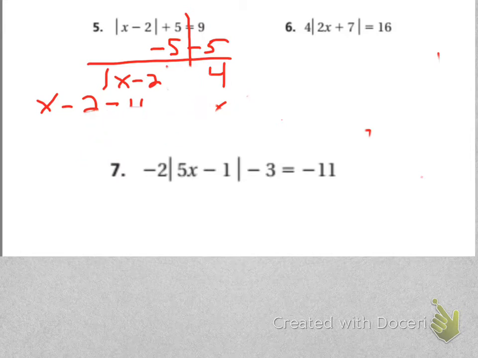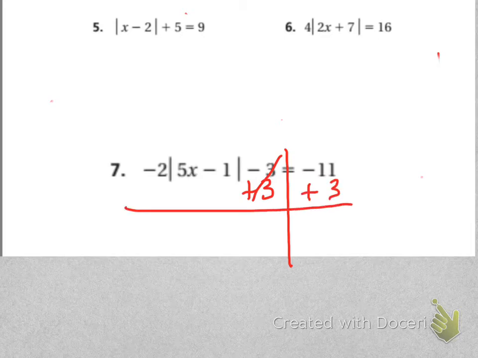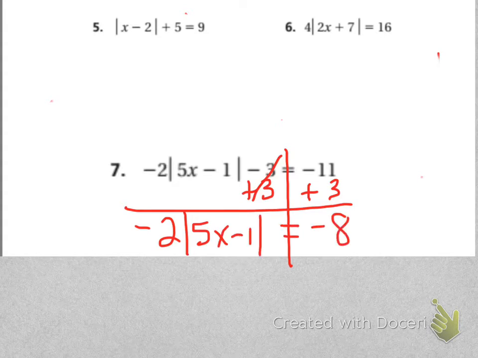Okay, let's look at the last one. I'm going to work PEMDAS backwards first. I need to get this in the right form. So we're going to do plus 3, plus 3. So I have negative 2 times the absolute value of 5x minus 1 equals negative 8. Divide by negative 2, divide by negative 2.